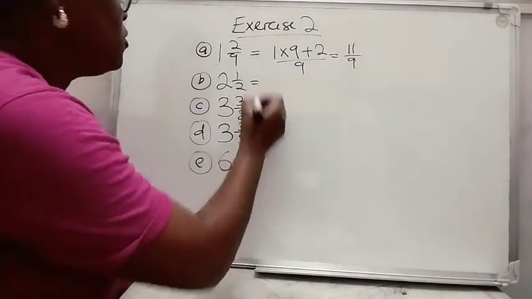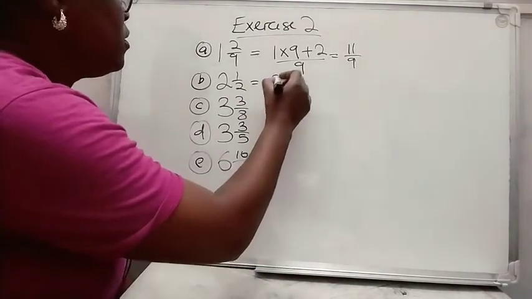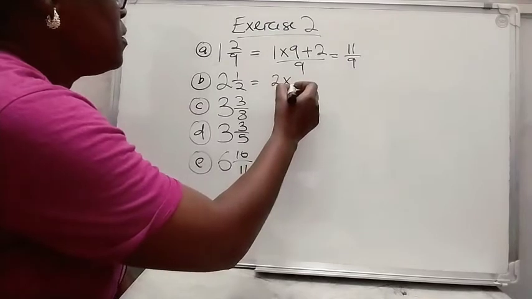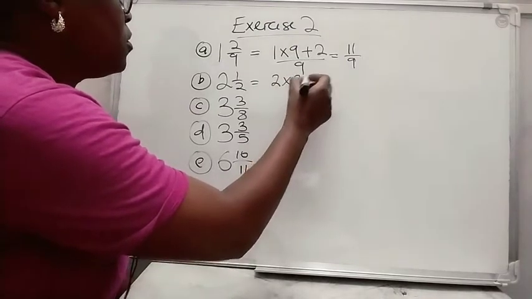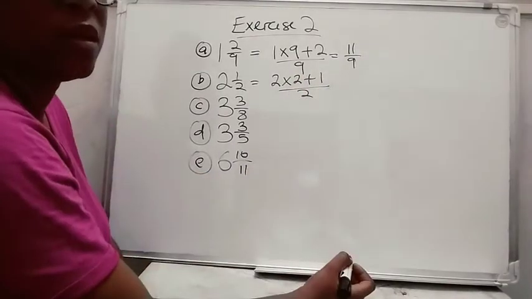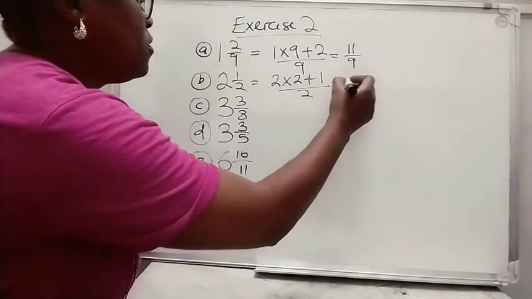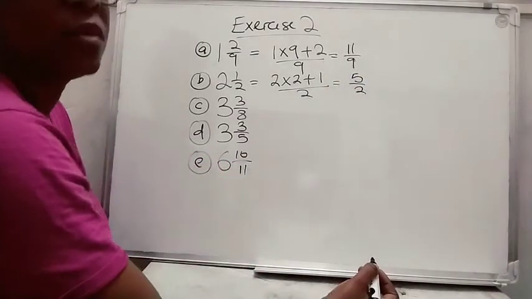The second one, remember the sequence, the whole number times the denominator plus the numerator. Okay, so that gives us 5 over 2.